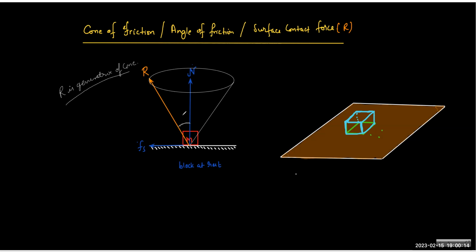Yes, sir. So the angle between the net surface contact force, which we actually represent by R, and the normal, this is called lambda.